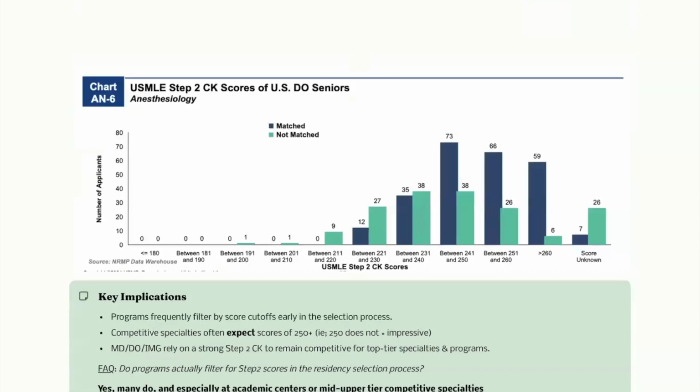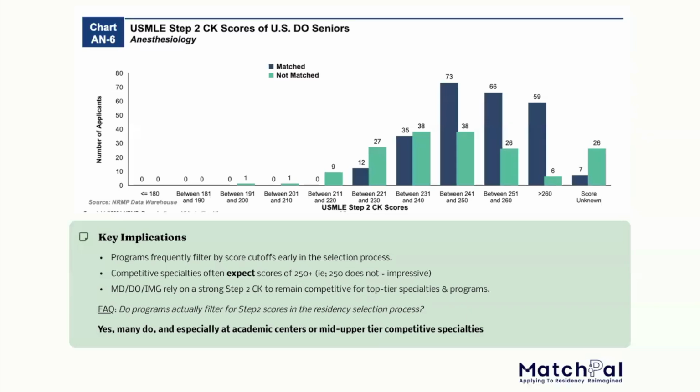All right. So the test is a big deal. And I think, looking at specific specialties, maybe like anesthesia and some of the more competitive specialties, you can really see the impact of strong performance relative to the match outcome, right? Students who are scoring at the 250 plus are still only maybe like a 75% chance, 260 plus over a 90% chance.